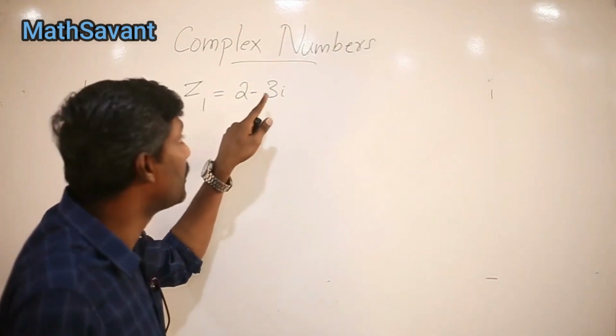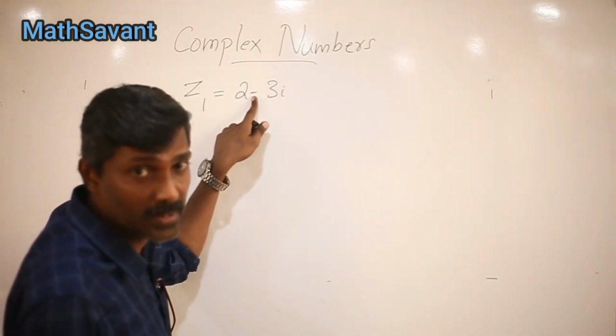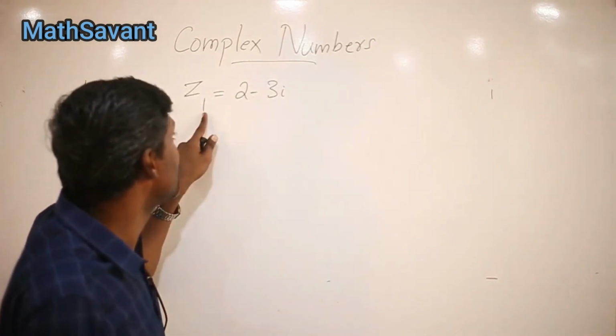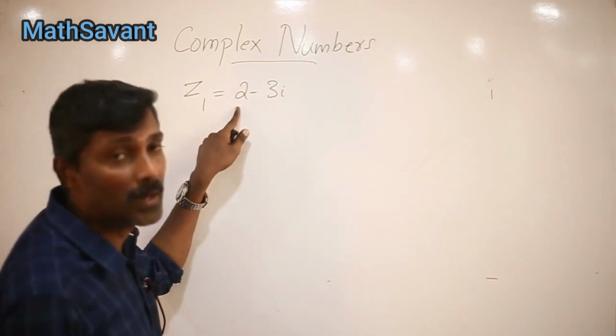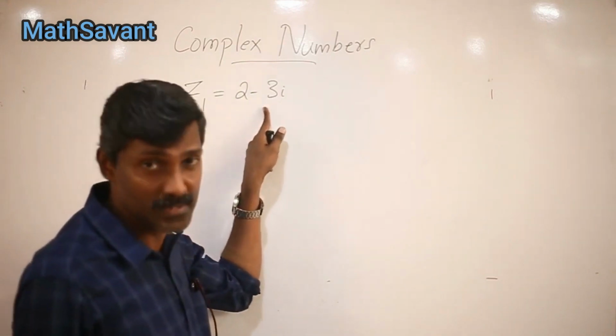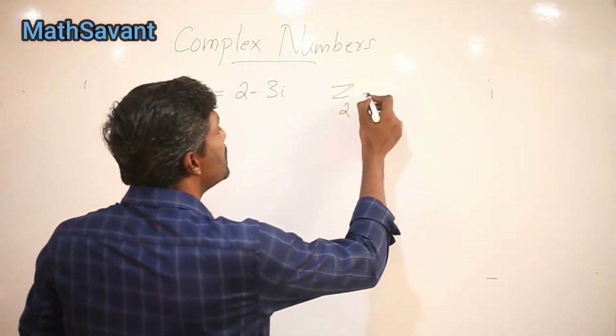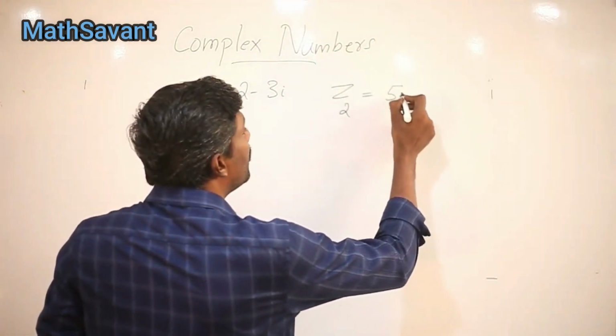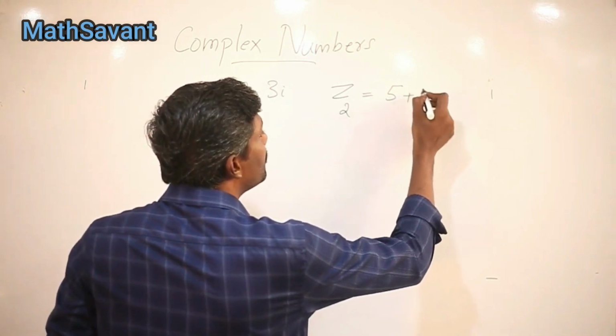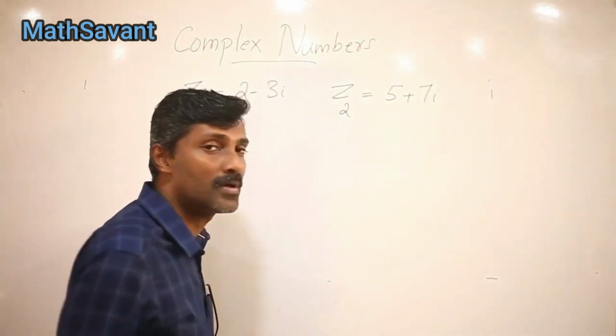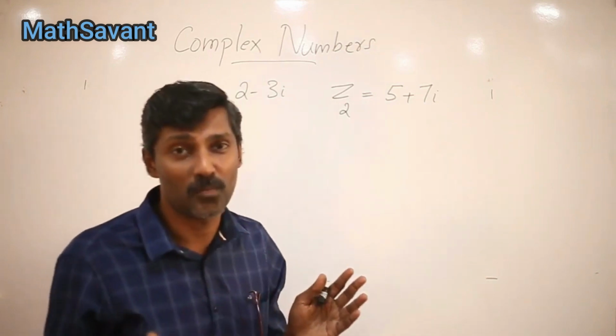It is not 3, it is minus 3. Please use the sign minus also, okay? So Z1 is the first complex number with the real part 2 and the imaginary part minus 3. And if I give you another complex number, say Z2 is equal to 5 plus 7i. Now my question is, how do we add these two complex numbers?